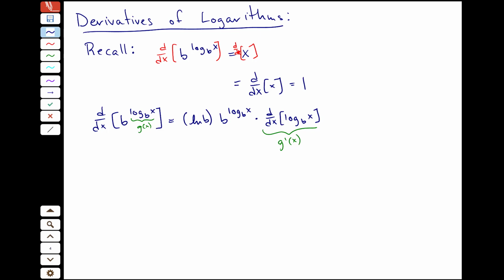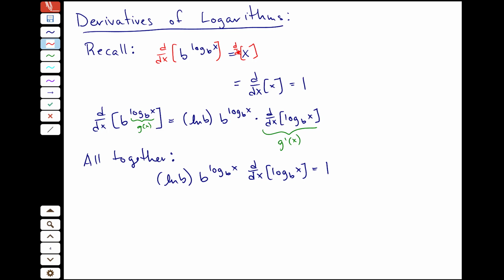Okay, so altogether, the left-hand side of this derivative is the natural log of b times b to the log base b of x times the derivative of log base b of x, and the right-hand side is 1.